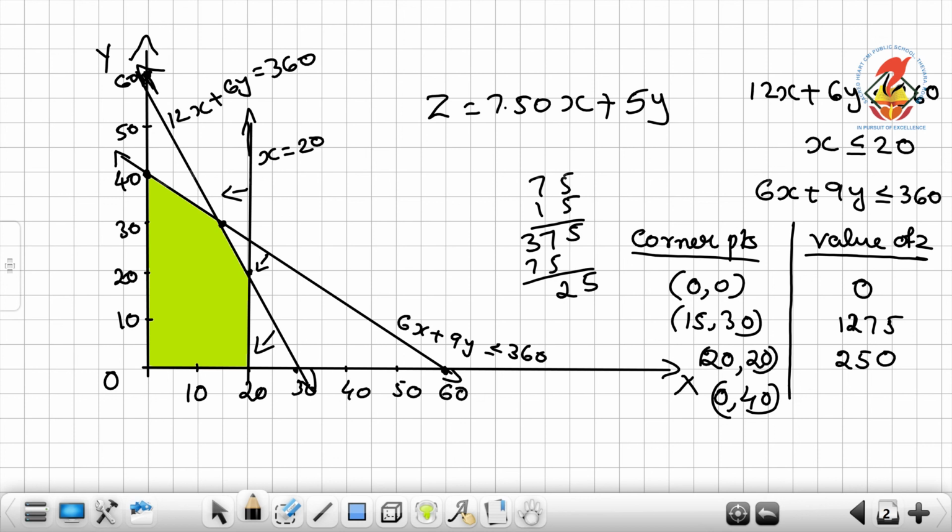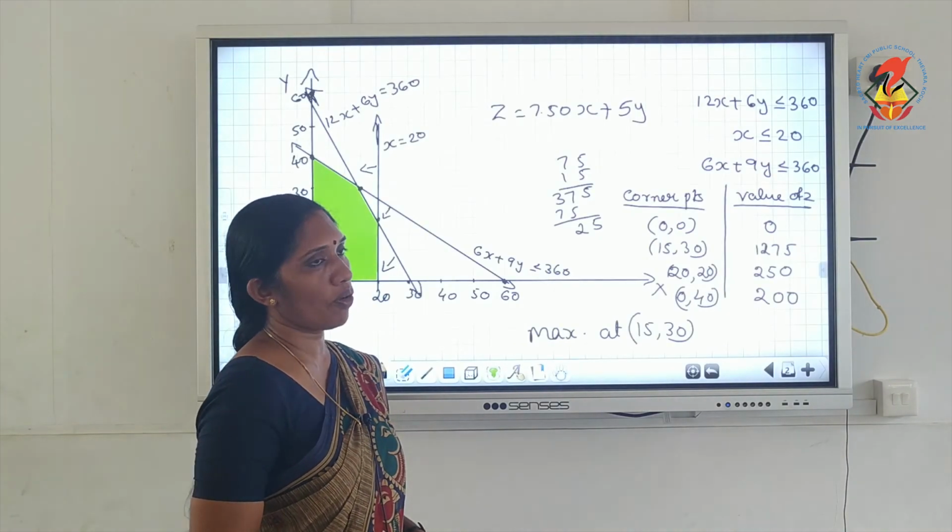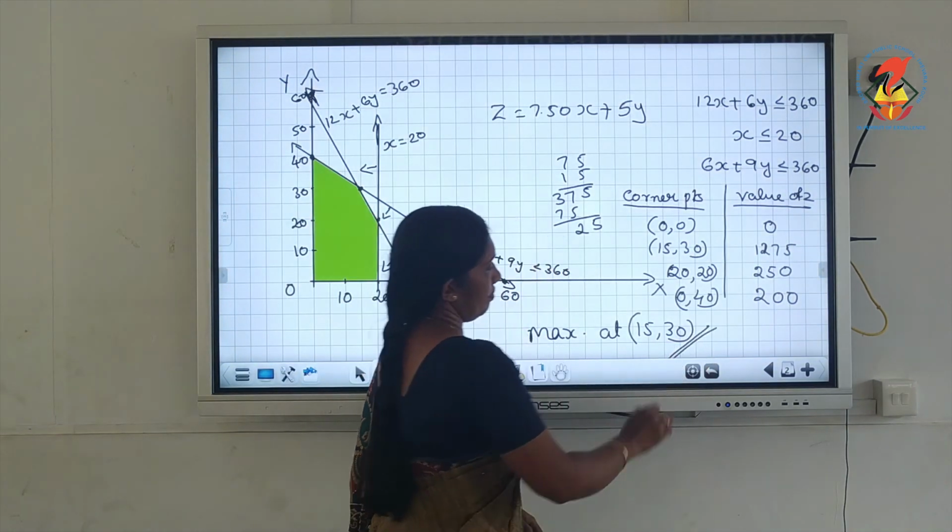Next, at 0, 40 it is 200. So the maximum is at 15 and 30. That is the question. We have to show that 15 toys of type A and 30 of type B should be manufactured to get maximum profit. So we proved it.